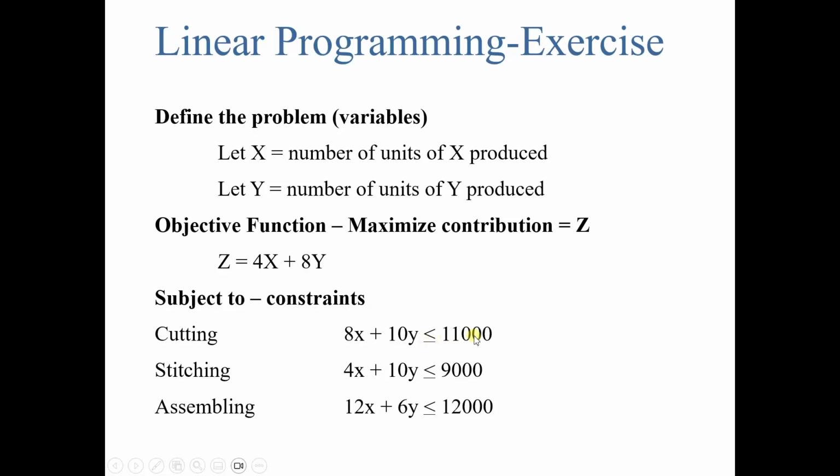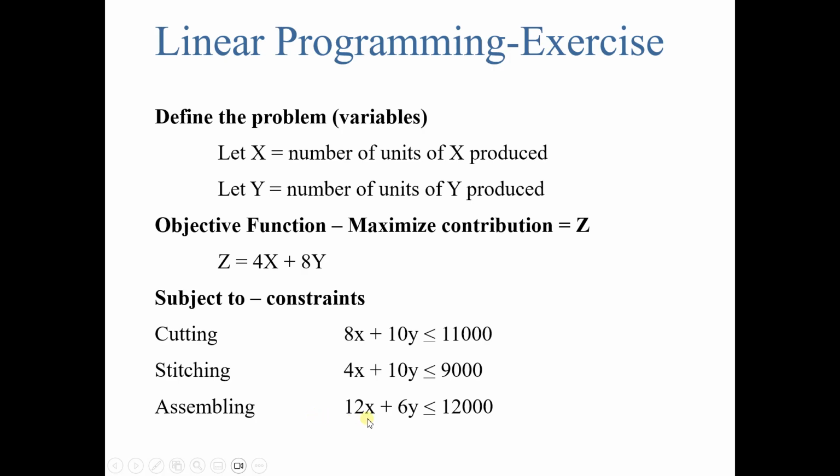The maximum number of hours I have is 11,000 hours. So my constraint is that I am supposed to produce the X and Y combination within the given 11,000 hours. The stitching department takes 4 hours to produce 1 unit of X, and 10 hours to produce 1 unit of Y. The total hours available in the stitching department is 9,000.